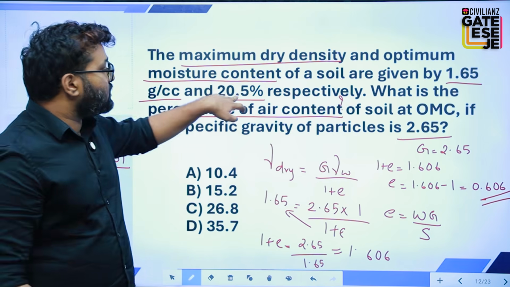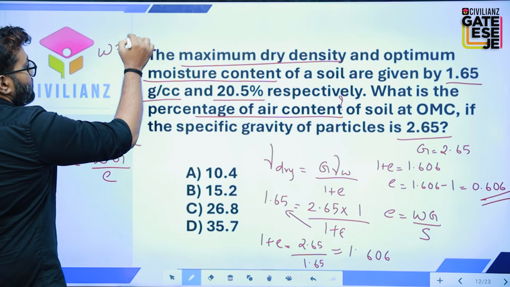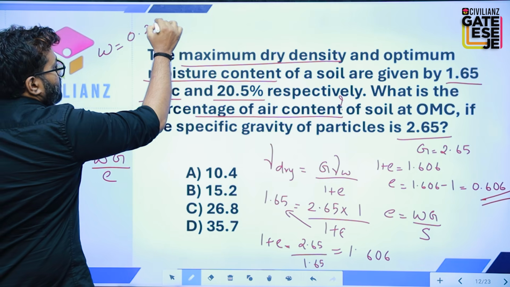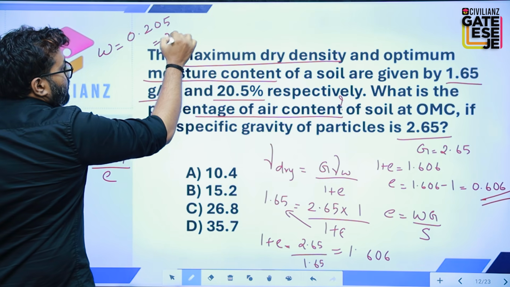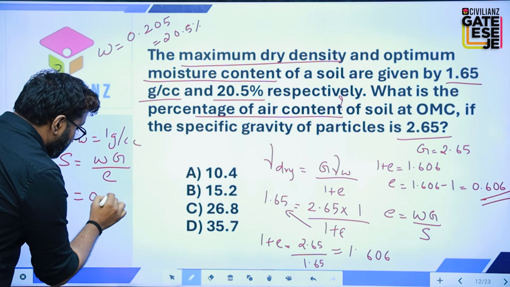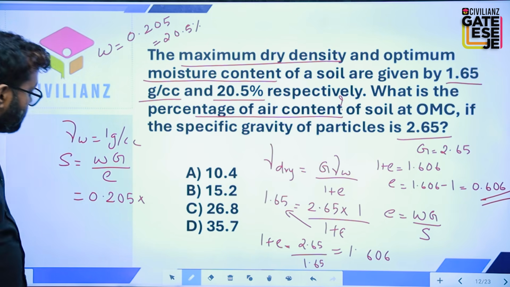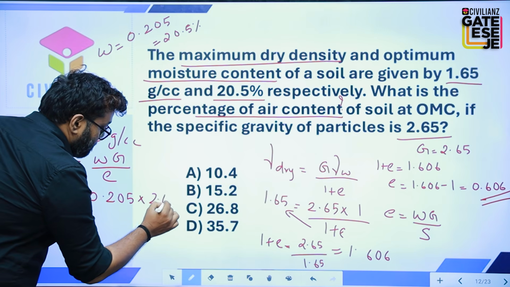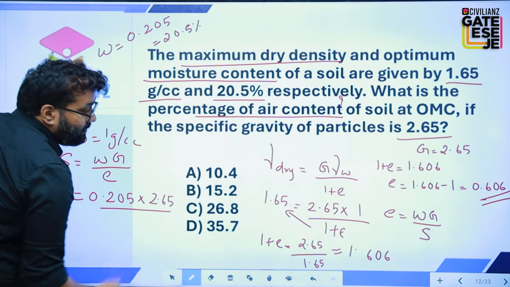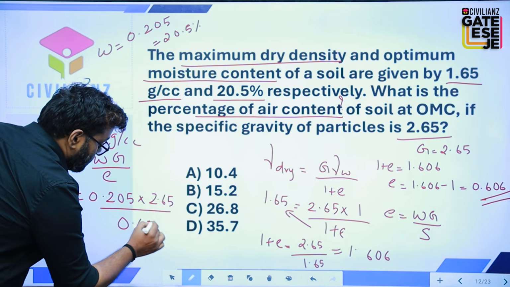Given the moisture content as 20.5%, water content is 0.205. So S is 0.205 into G, given as 2.65, divided by the e value we got, 0.606.